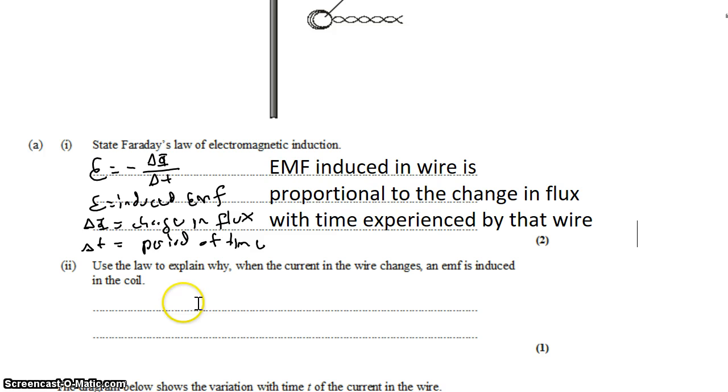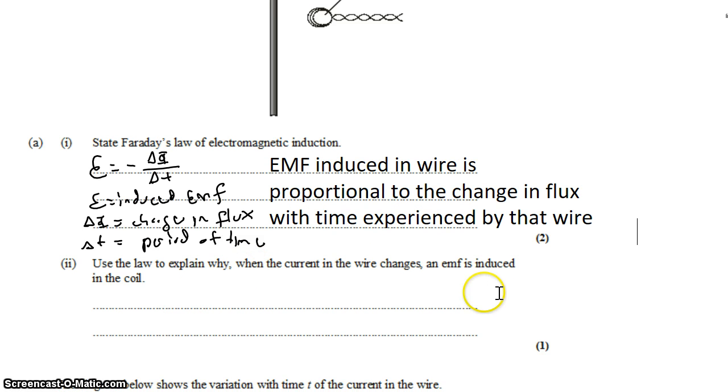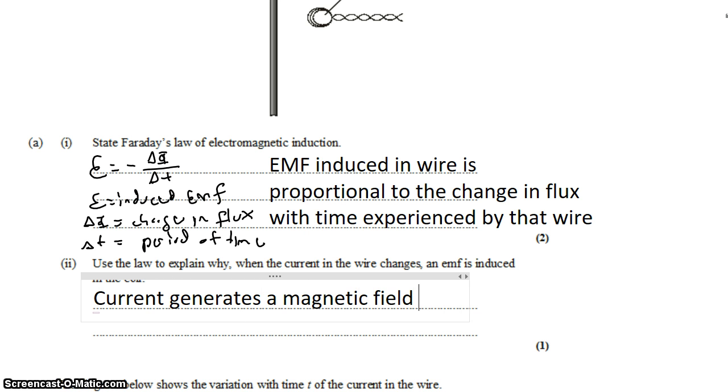We'll use the law to explain why, when the current in the wire changes, an EMF is induced in the coil. Well, the current generates a magnetic field, and thus a flux in the coil. So current generates magnetic fields, and flux is proportional to that magnetic field.